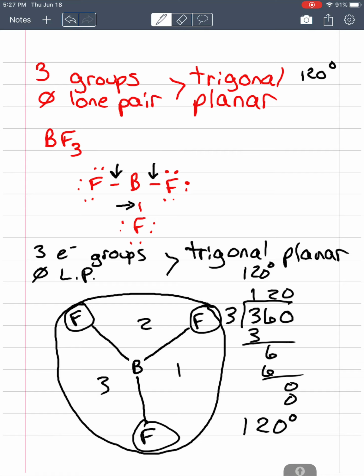All right. So let's do another one. We have CH2O. Carbon is going to be in the middle. Now this oxygen here is written right next to a hydrogen. So do I put it here? No. Hydrogen can only take 2 electrons. I put it here.